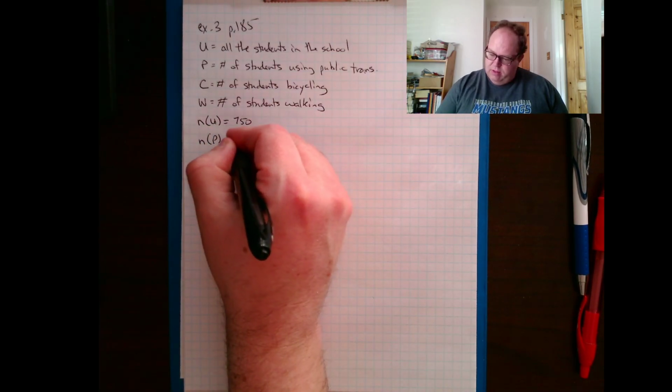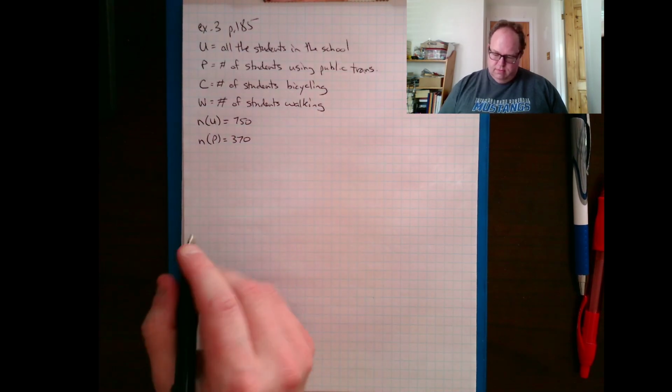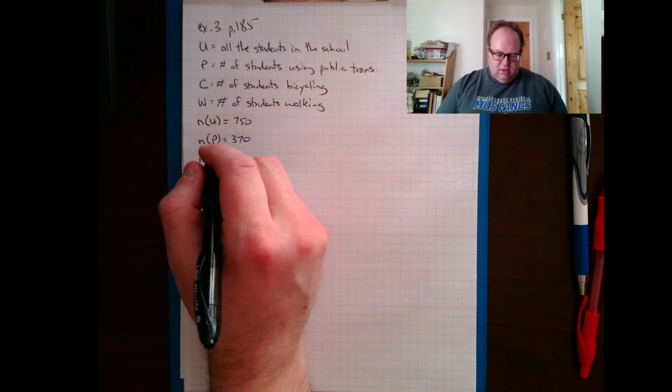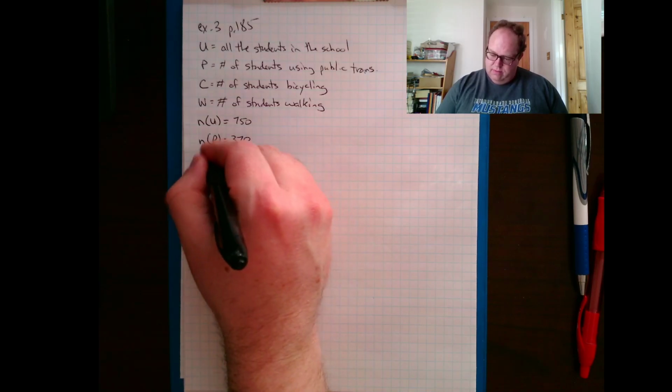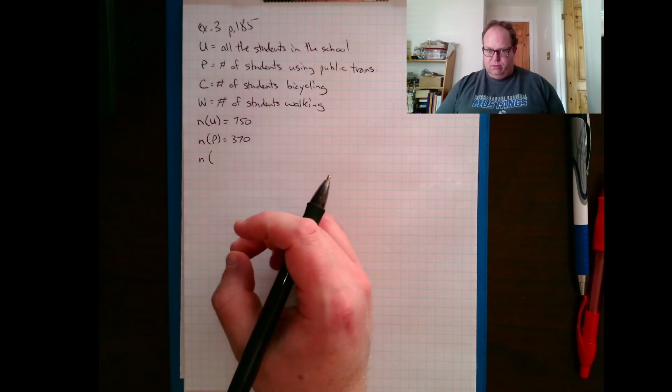370 students use public transport. 100 students cycle and use public transit. Now you'll notice they don't say only cycle and use public transit.